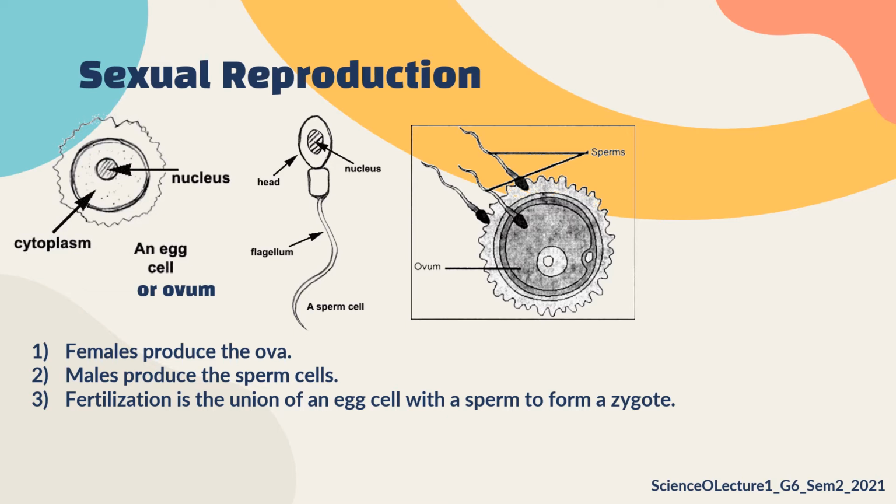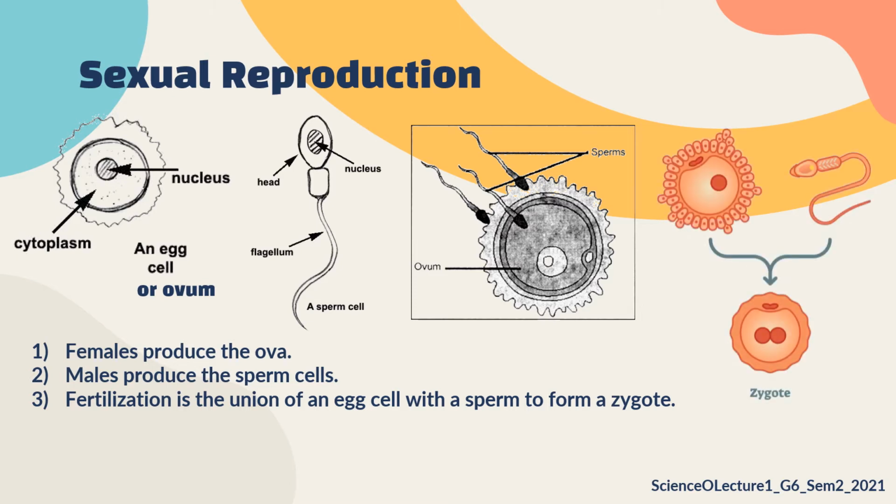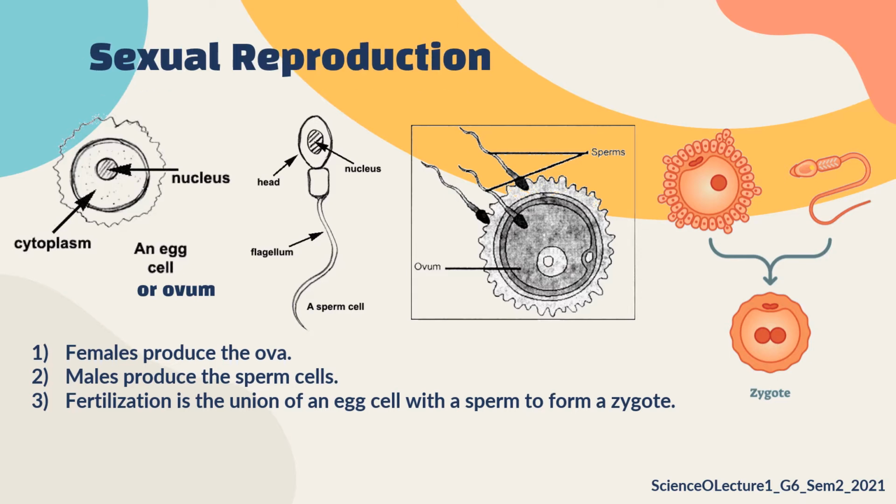The sperm fertilizes the ovum. This process is called fertilization, which is the union of the sperm with an ovum. When a sperm fertilizes an ovum, a zygote is formed.